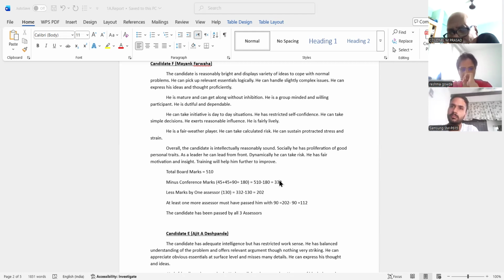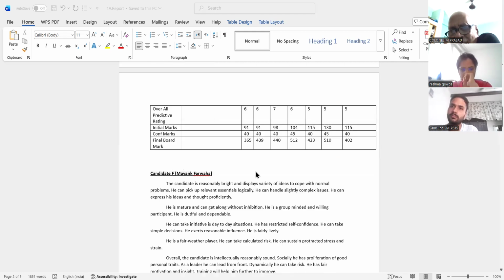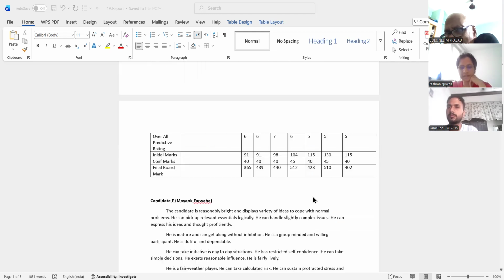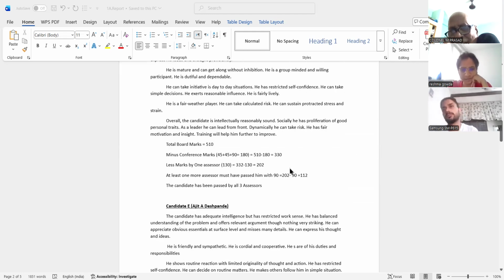And 130 was given by the psychologist. So as a result, 332 minus 202 marks are given by the other 2 assessors. It means he has been passed by all 3 assessors. So this is a brief of how assessment is done.